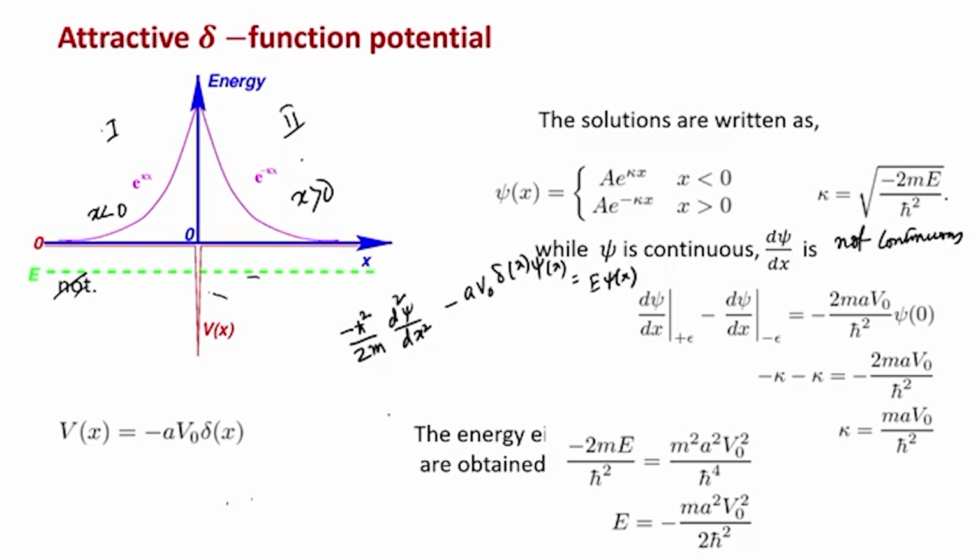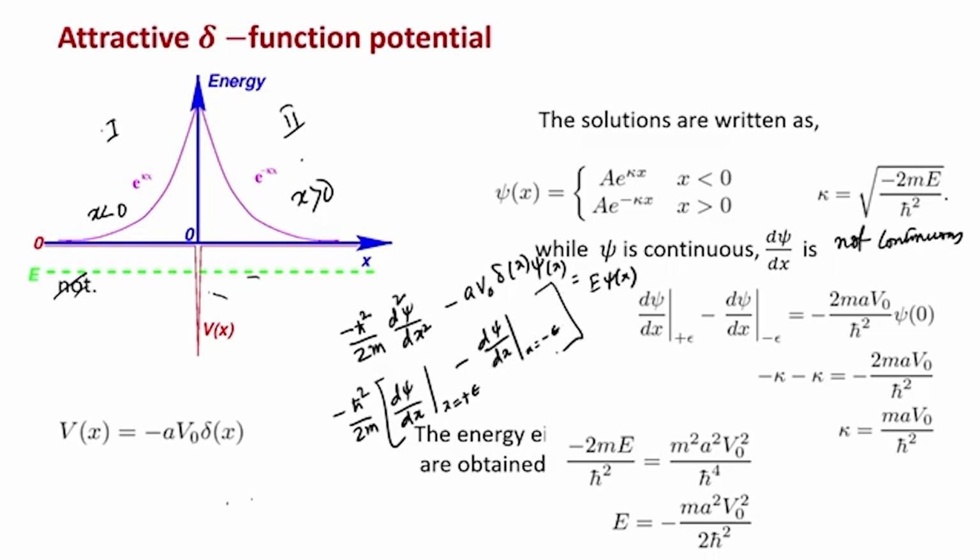And what we do is that we integrate this equation, and that gives us minus h square over 2m d dx of d psi dx. If you integrate this, it becomes d psi dx at x equal to plus epsilon minus d psi dx evaluated at x equal to minus epsilon.